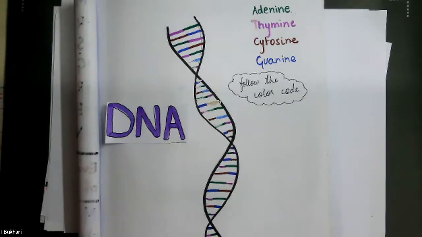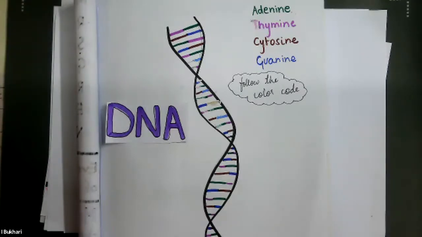Are you getting my point? DNAs cannot be completely different, and they cannot be completely identical. So there's always some level of difference. The more the difference, the more distantly related the two organisms are. The more similar they are, the more closely related they are. But remember, no two DNAs in any two organisms are identical.